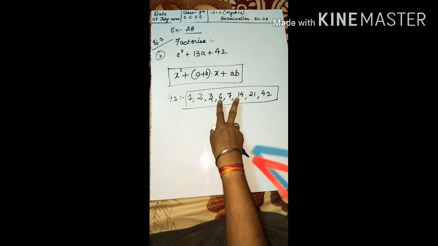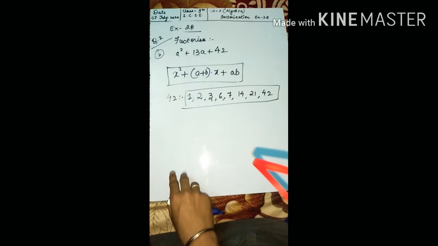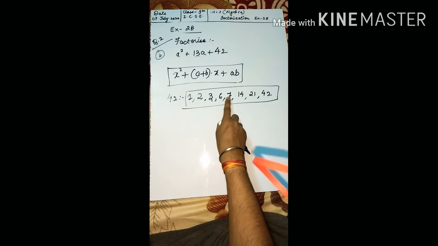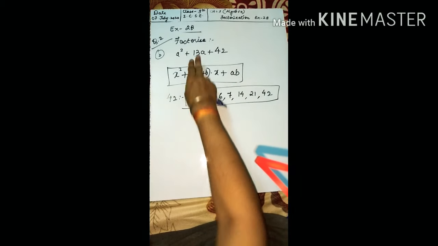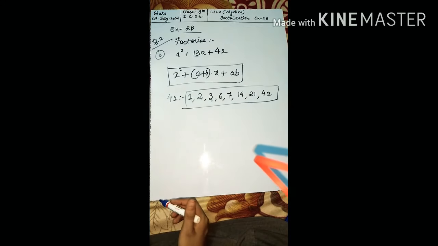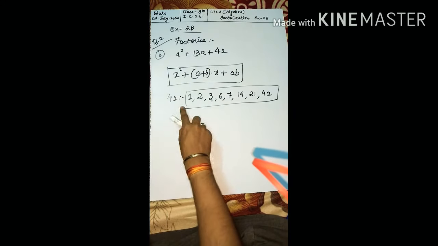When you add those two you should get 13. So your answer would be 6 and 7, because when you add these two you get 13, and when you multiply these two you get 42 as an answer. Okay, so this is a part of the solution.